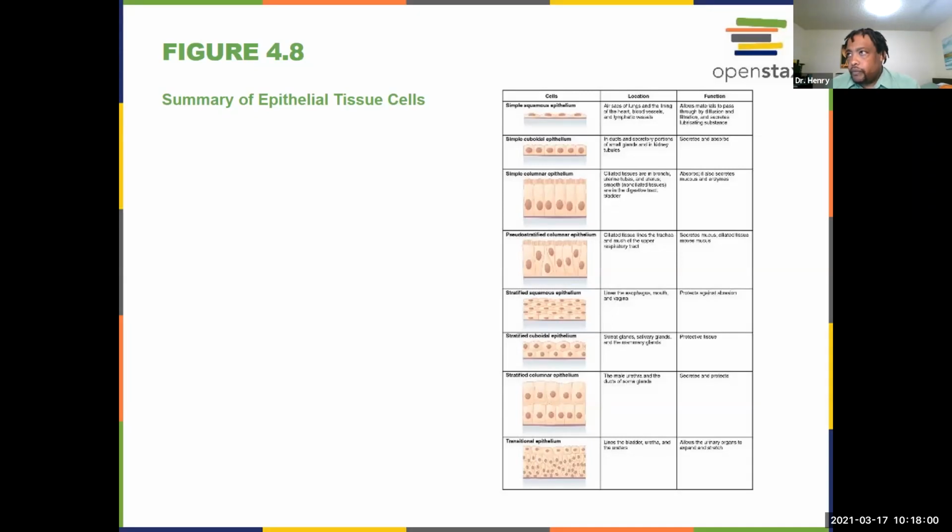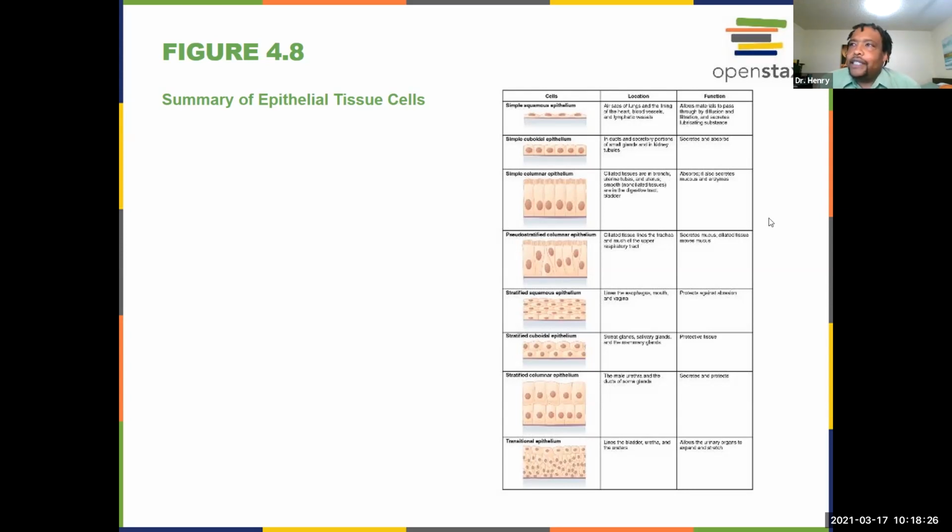Okay. And these guys are going to be in ducts and glands, involved in secreting, and also in the kidney. These guys also are involved in secreting, but where did we see these guys last?